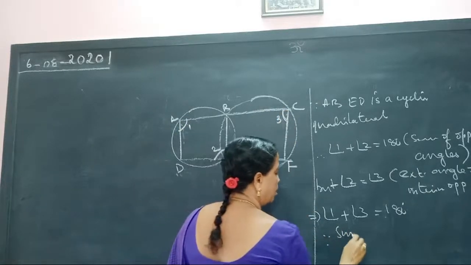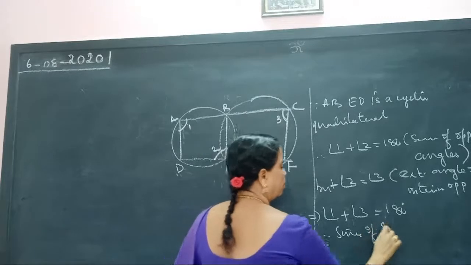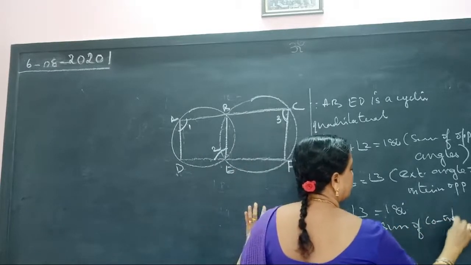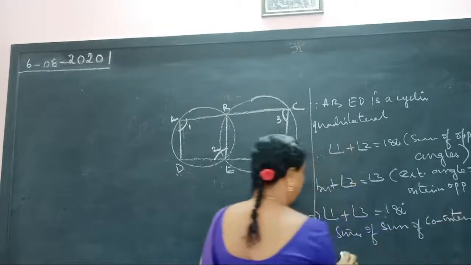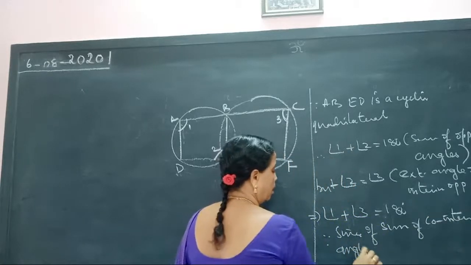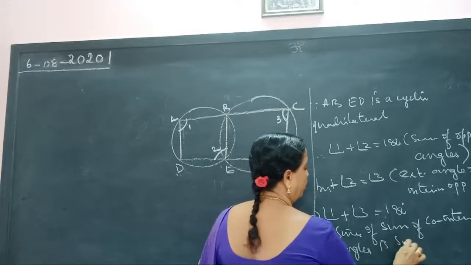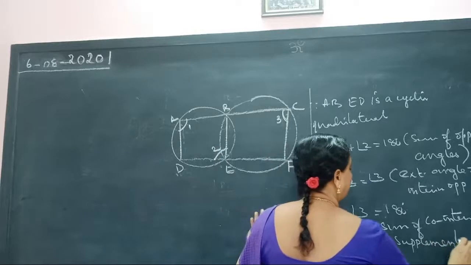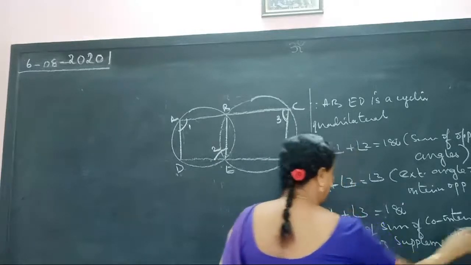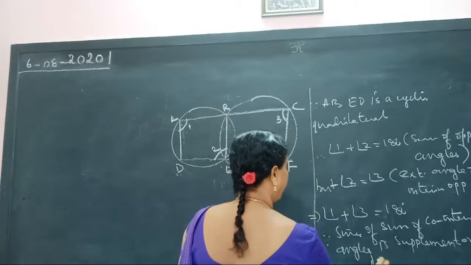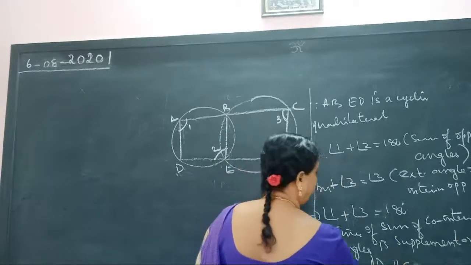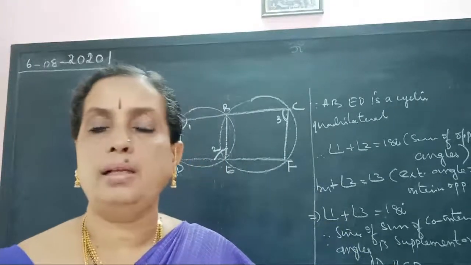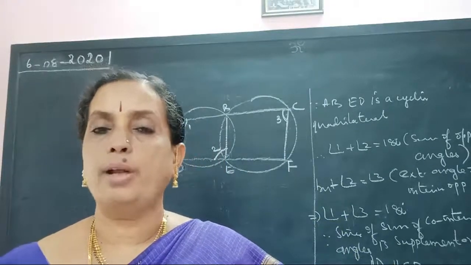Since the sum of co-interior angles is supplementary, by the converse we can say that the lines are parallel. Therefore AD is parallel to CF. Converse: when the lines are parallel, then the sum is 180 degrees.